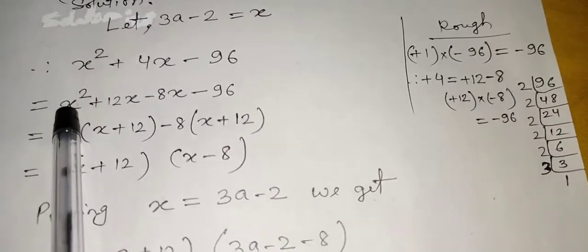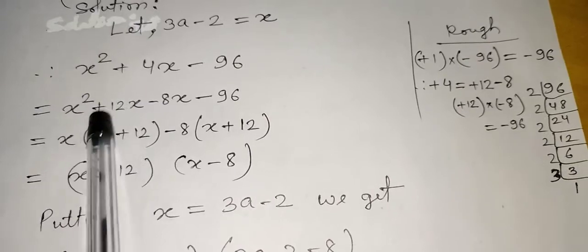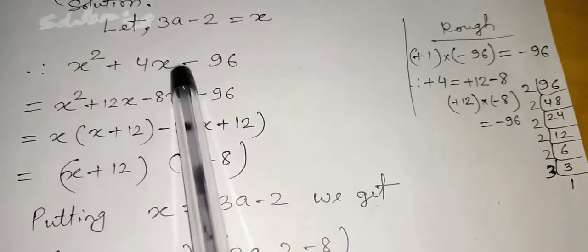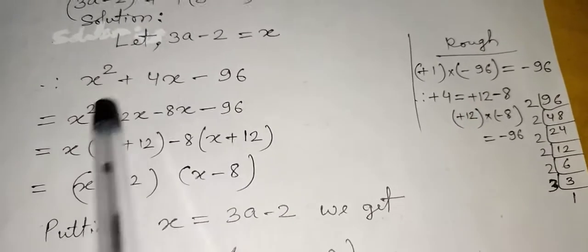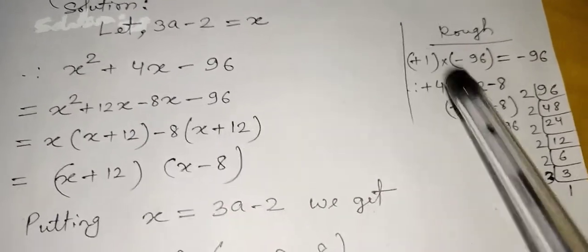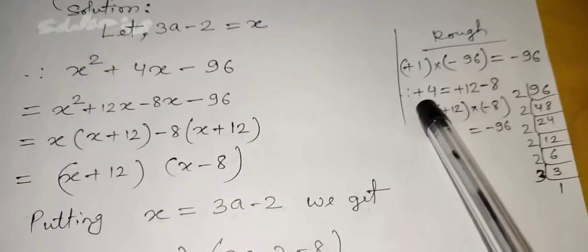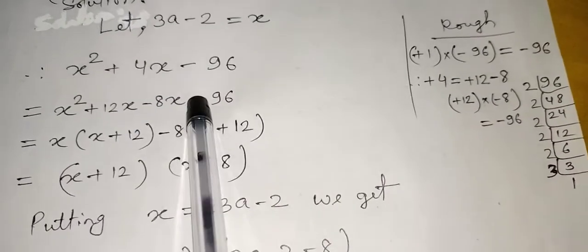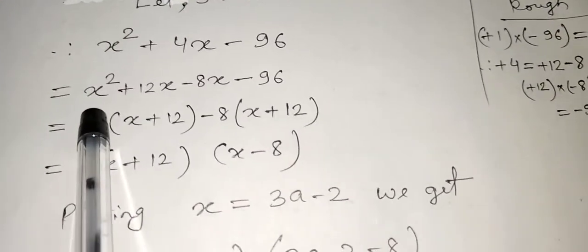Now my result is x square plus 12x minus 8x minus 96. I have split 4x as 12x minus 8x as per my rough, because plus 4 I did this. Now we take common.